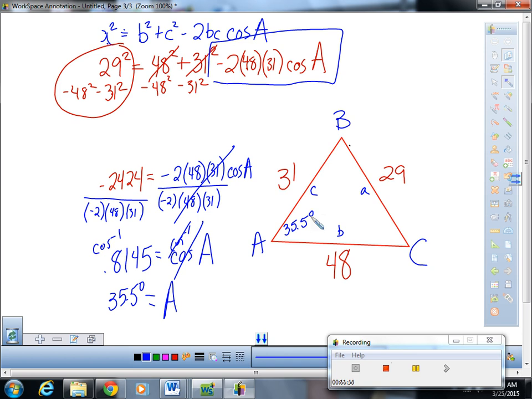Now I can use law of sines again. So, sine of 35.5 is to 29, like sine of C is to 31. Sine of C is equal to 31 times the sine of 35.5, divided by 29.